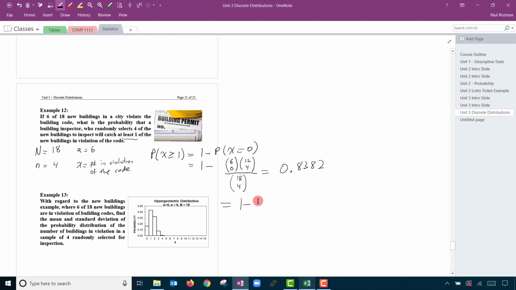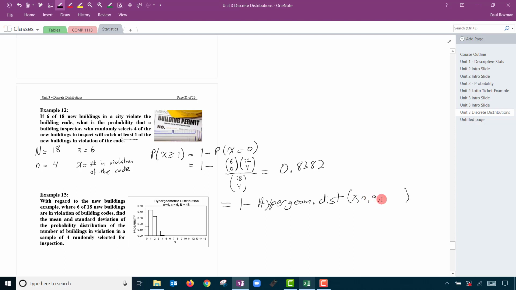Or you could use a function in Excel. It's hypergeom.dist. And then the parameters are really tricky. I think it goes x first. Then I think it goes little n.